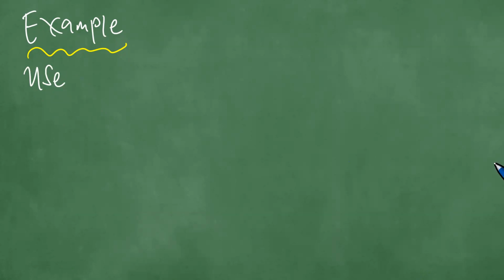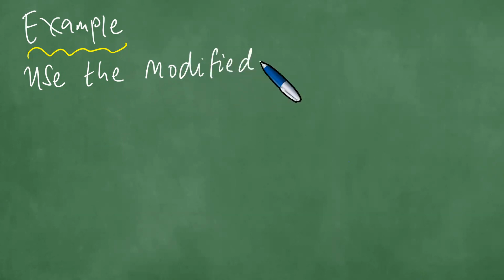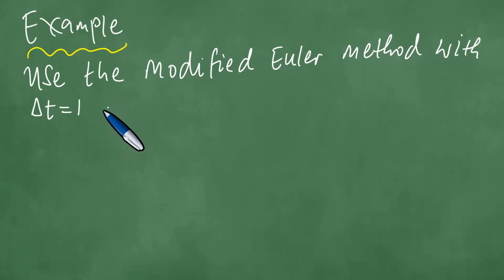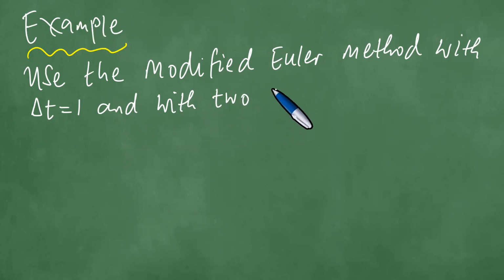Use the modified Euler method with delta t equals 1 and with 2 corrections.